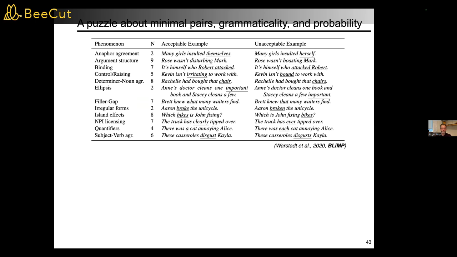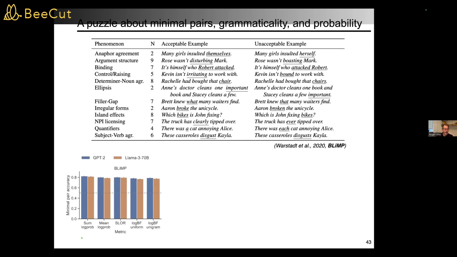Many different examples. If I use log probabilities and ask how well, in the BLiMP data set, LLMs, say GPT-2, which is now an old LLM, or Llama 3, which is a fairly recent and much more performant LLM, how often do these models assign a higher probability to the acceptable, grammatical version of the sentence than to the unacceptable minimal pair?